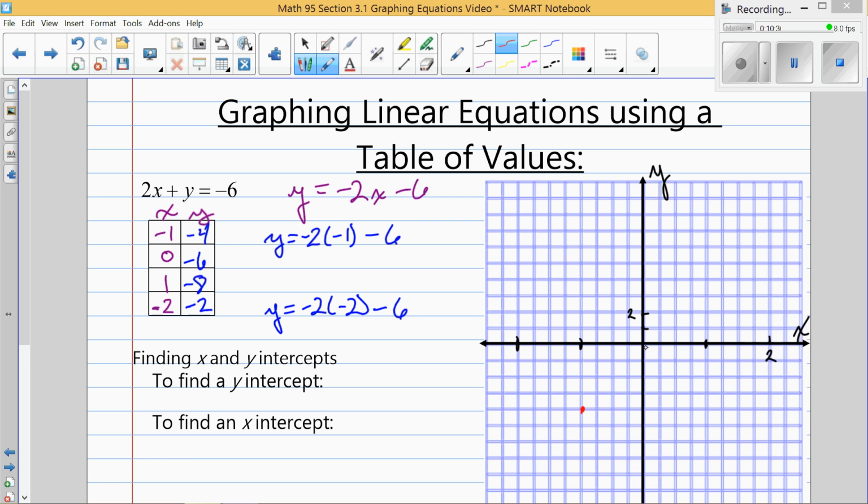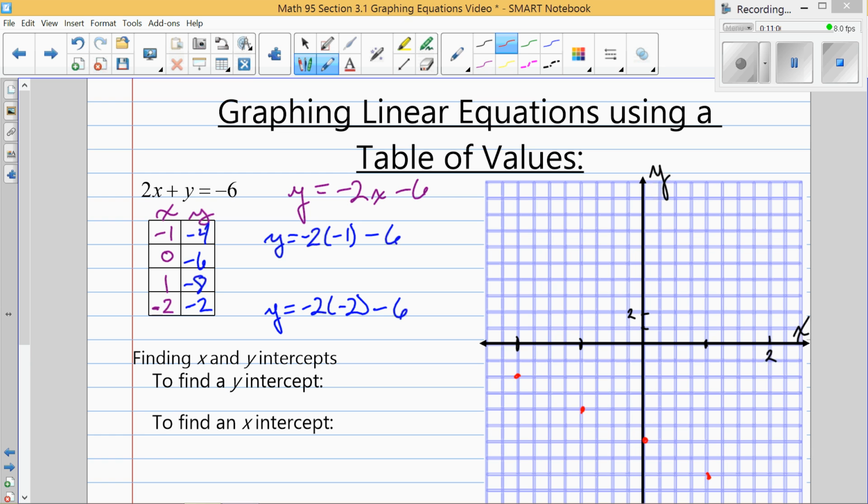When my x value is 0, my y value is -6. When my x value is 1, my y value is -8. And my next x value, remember, was -2. So I'm going to come all the way here to -2, and I will be down at -2.